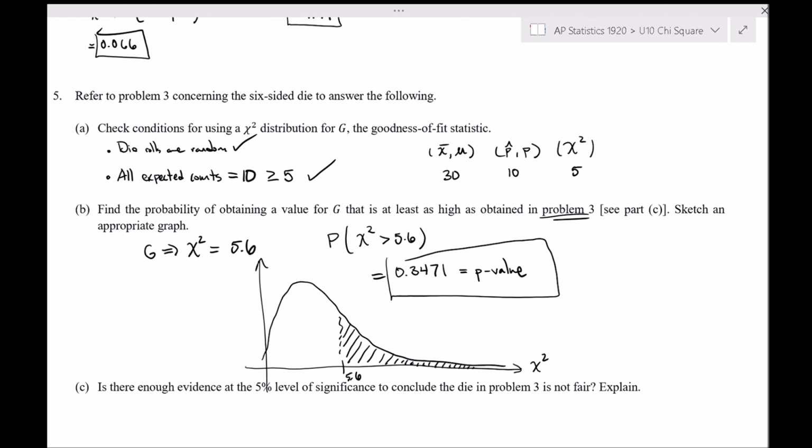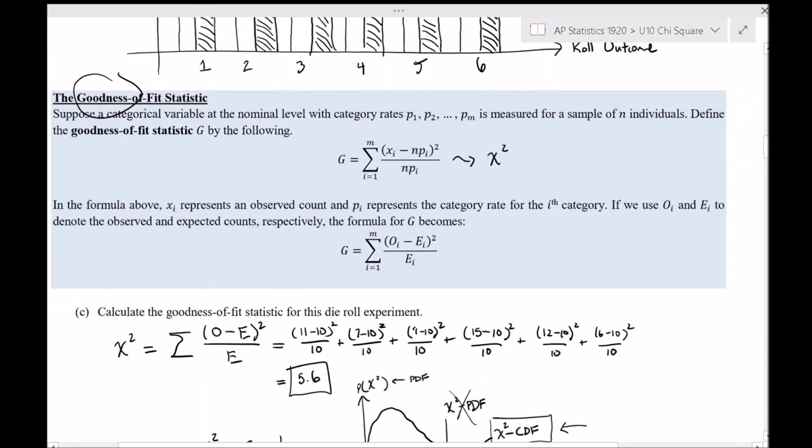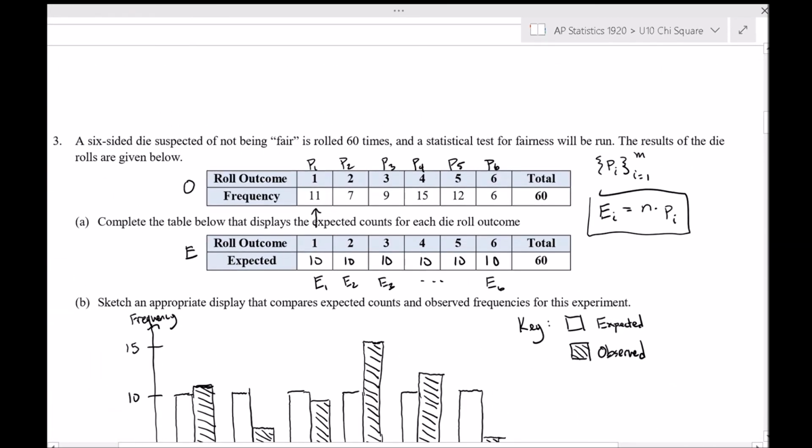Obtaining a non-statistically significant p-value requires us to not reject the null hypothesis. So we fail to reject the notion that this is a fair die. As far as I know, this is still a fair die. It doesn't look fair because in 60 die rolls, we had between 6 in one category and 15 in another. Why would they think this is not fair?